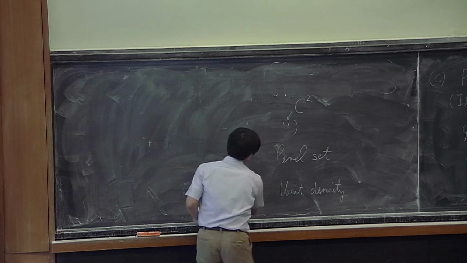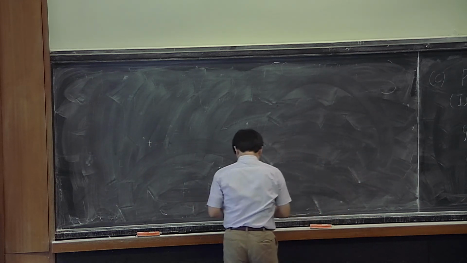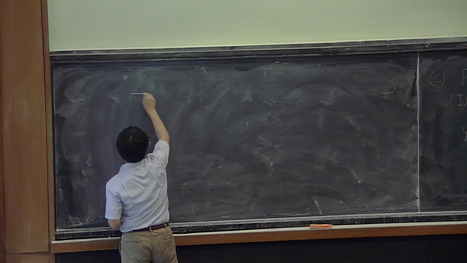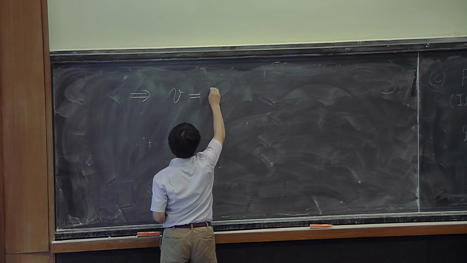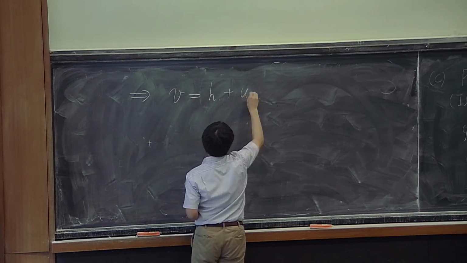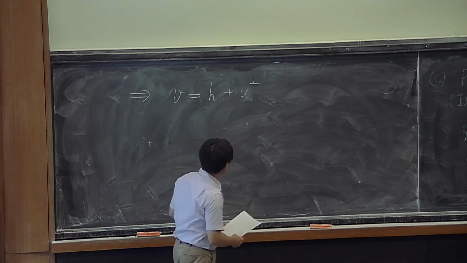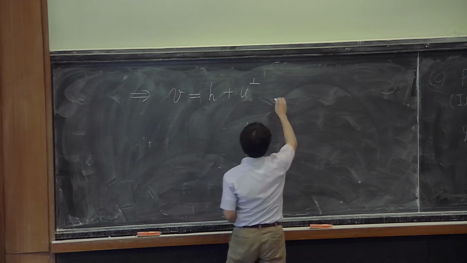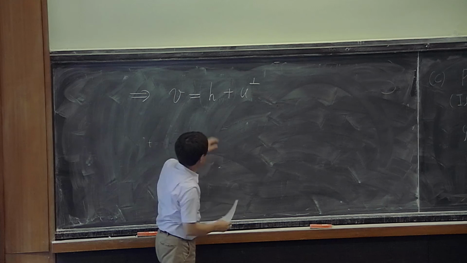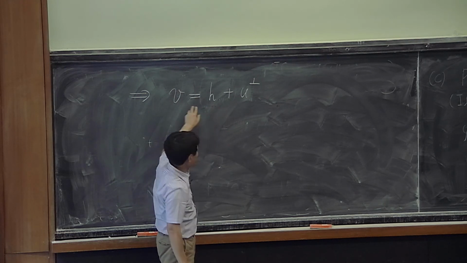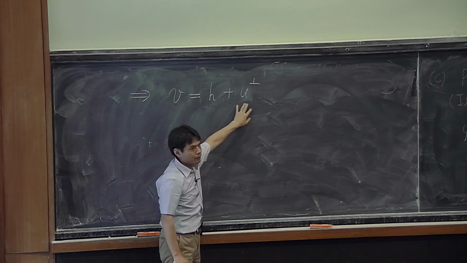Brakke's mean curvature flow. Well, actually, sorry, it's not Brakke's mean curvature flow, but you can construct a flow which has this property that the velocity is equal to mean curvature plus u, but with normal projection. So you can construct this, in the generalized sense, so the velocity satisfying mean curvature plus this given vector field.